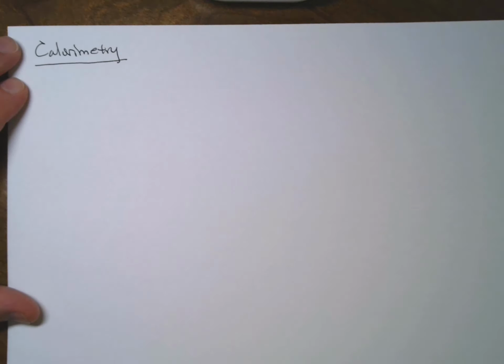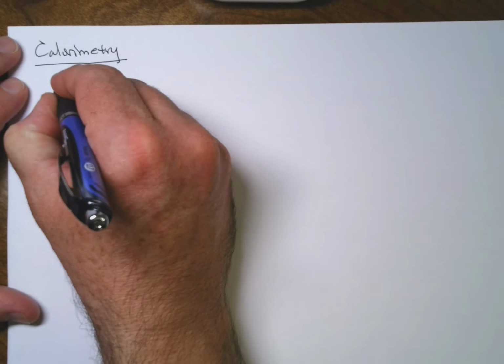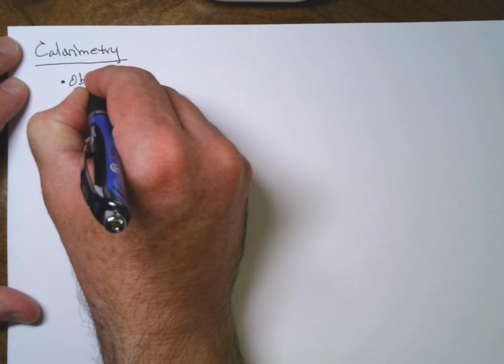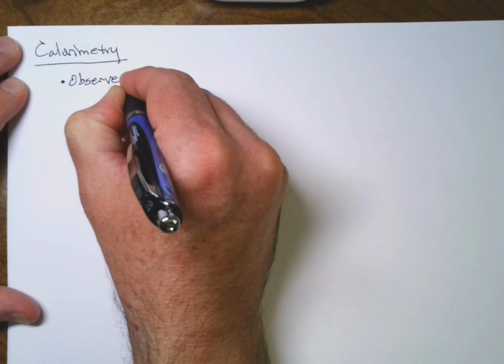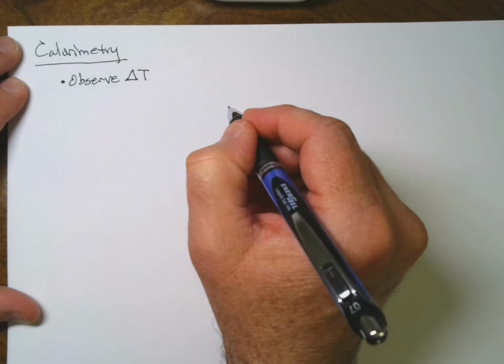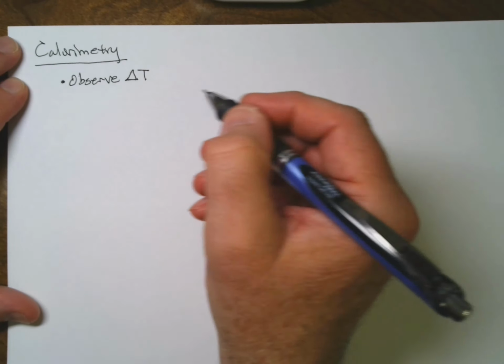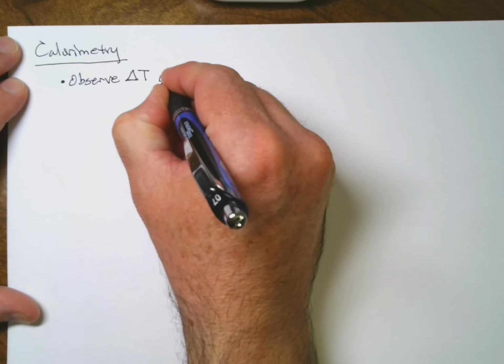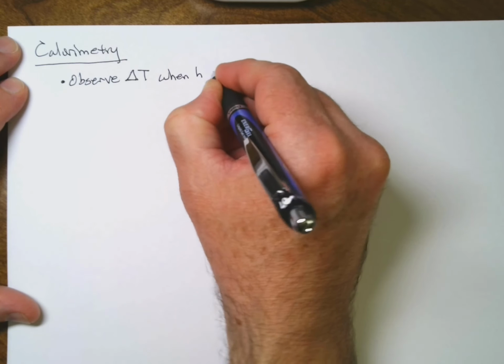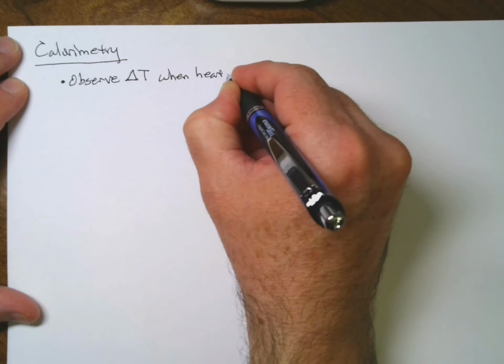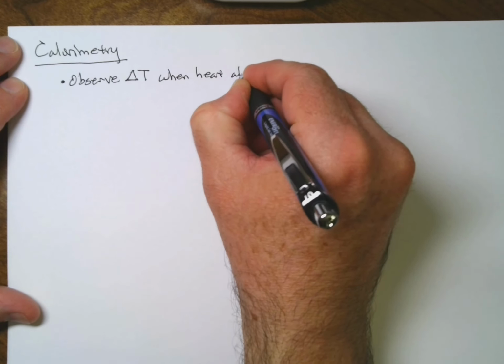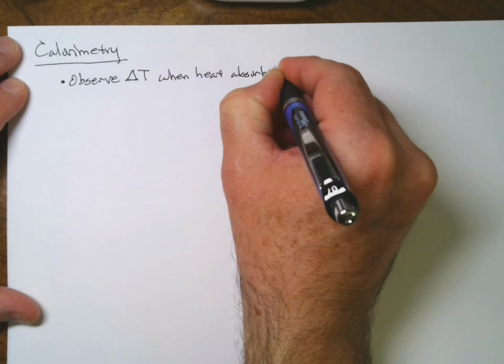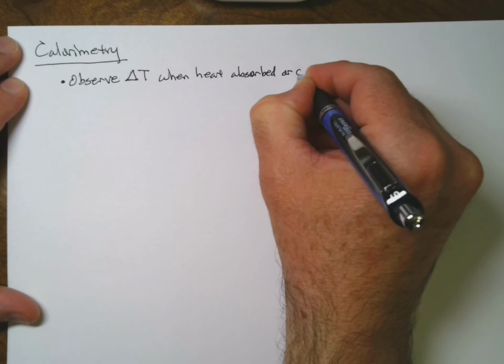And what we're going to do is observe a temperature change, delta T, when something absorbs or gives off energy as heat.